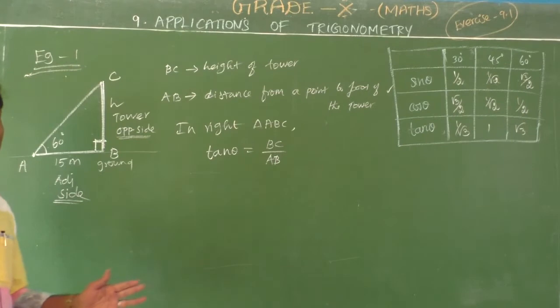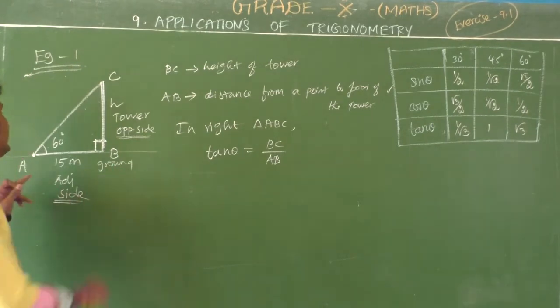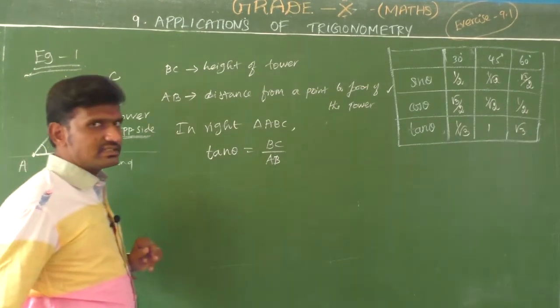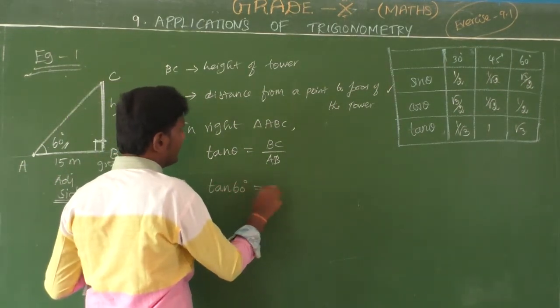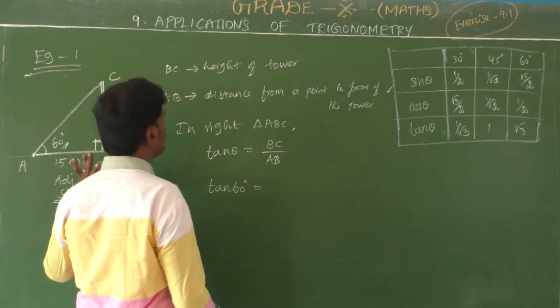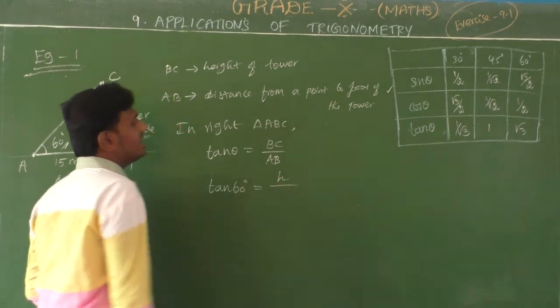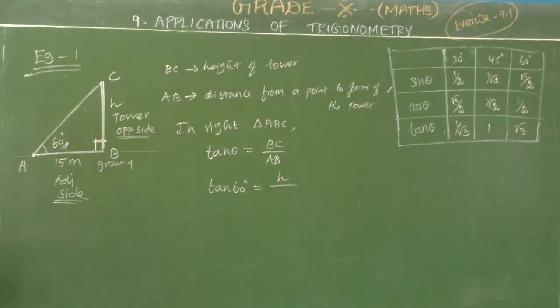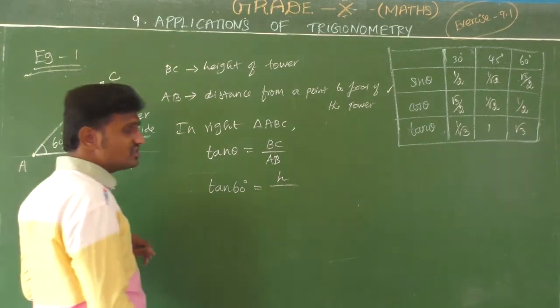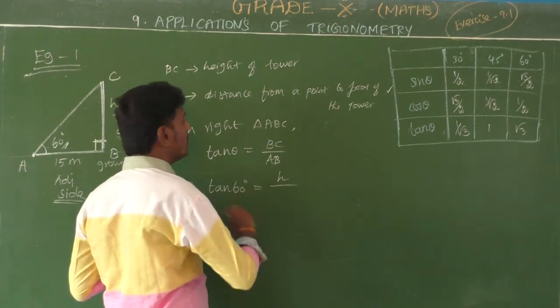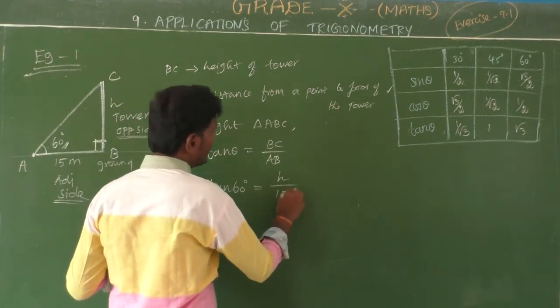Now I am going to substitute the given values. The angle of elevation is given as 60 degrees. So tan 60 degrees equals BC, which is the height of the tower, that is what we are going to find. And AB, the distance from a point to the foot of the tower, is 15 meters.